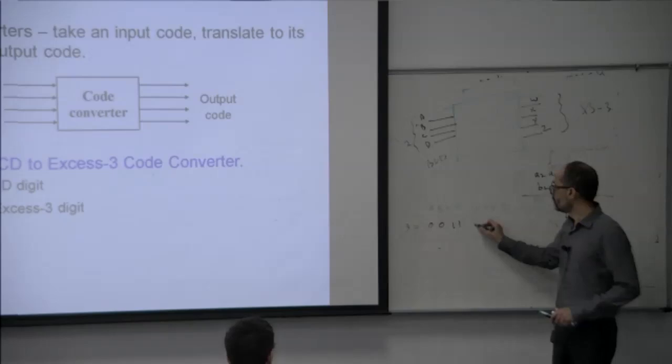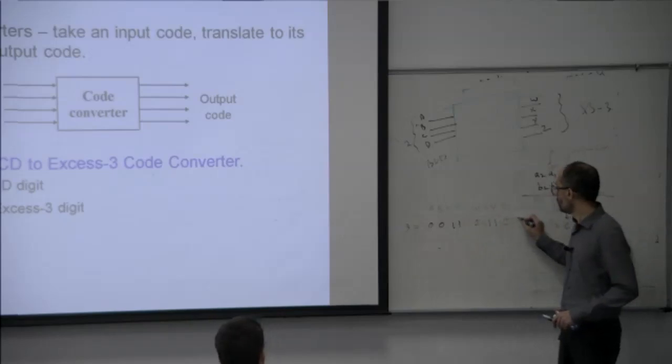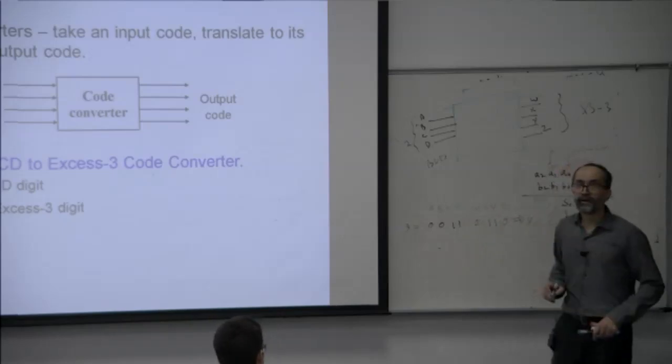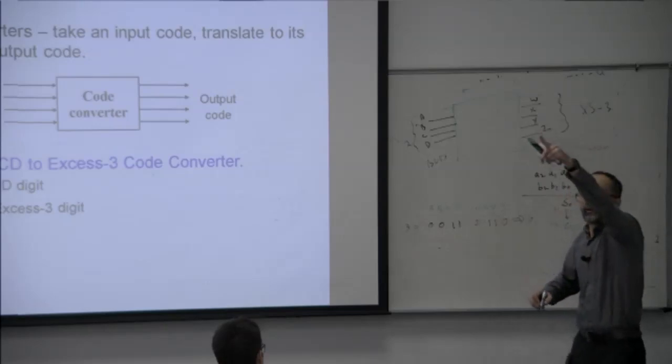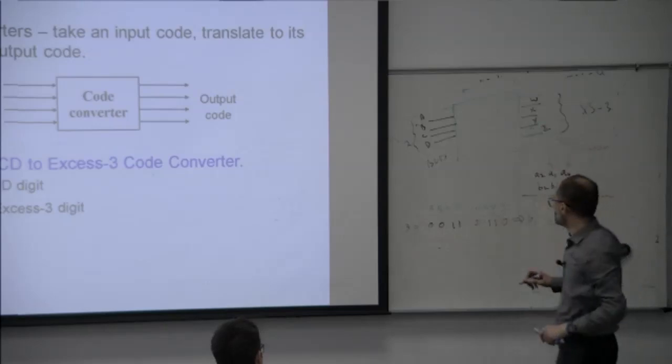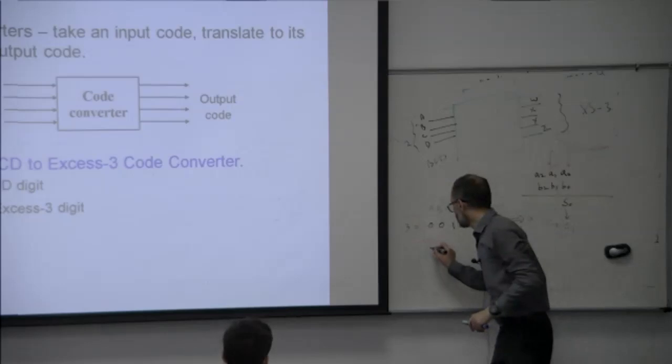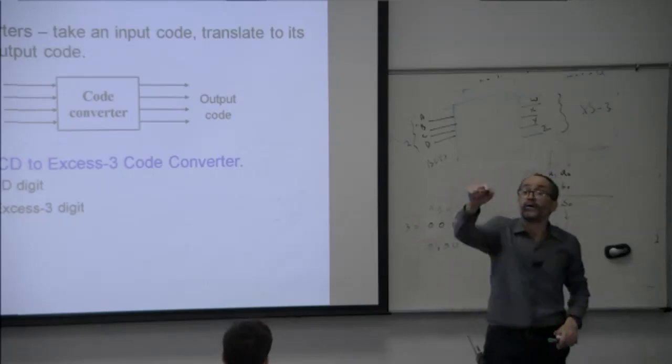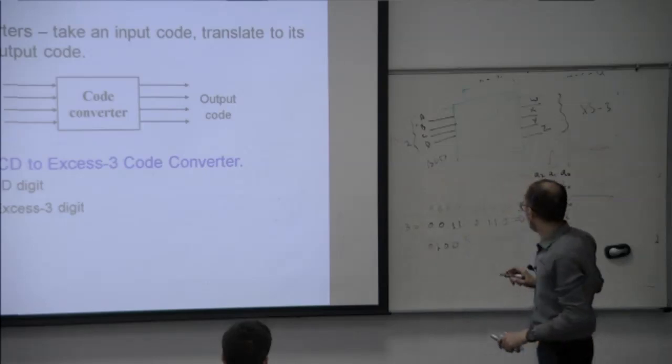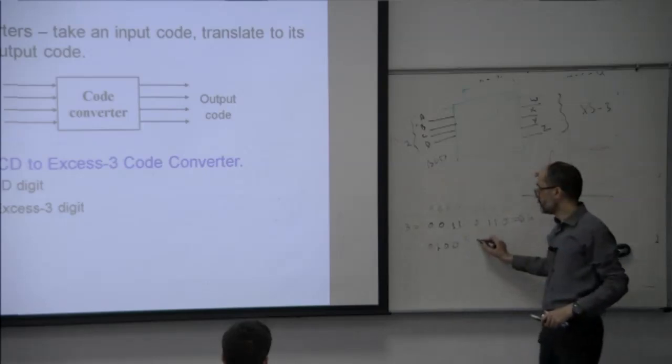What is the output? 6. Yes. You in the corner, please help me. If the input is 0, 1, 0, 0, what will be the output? 7. How can I write it?